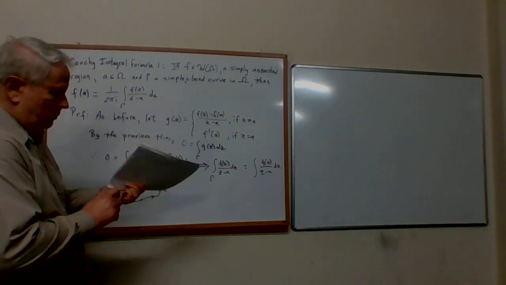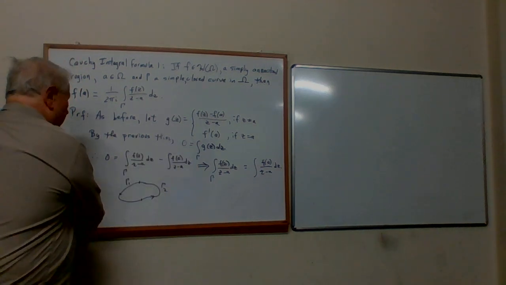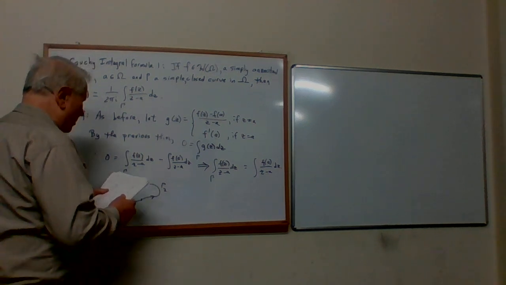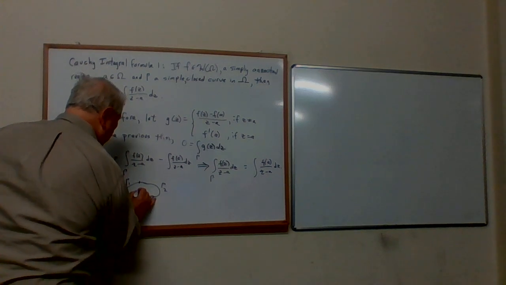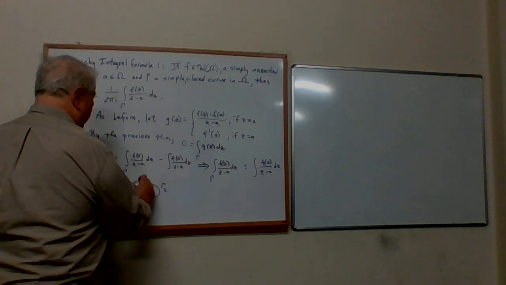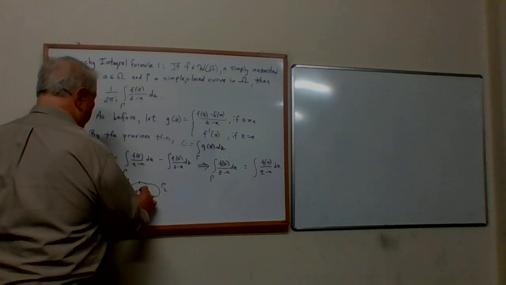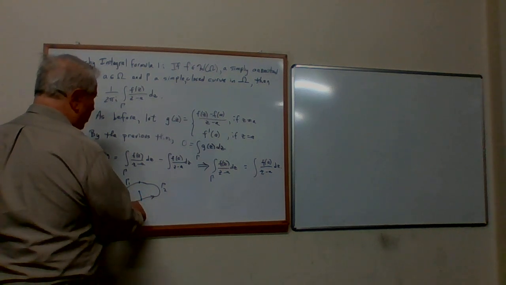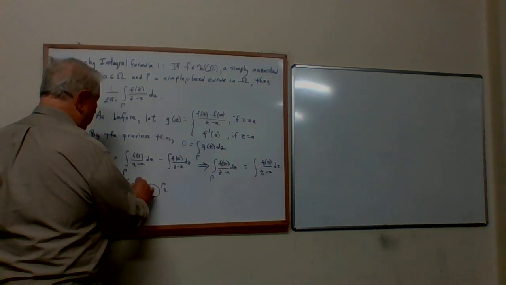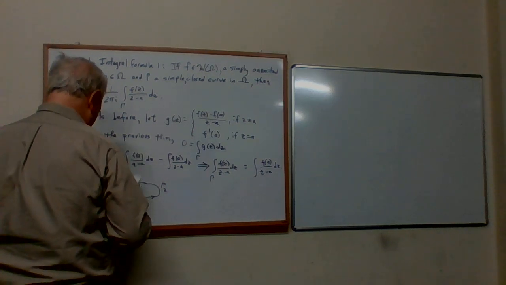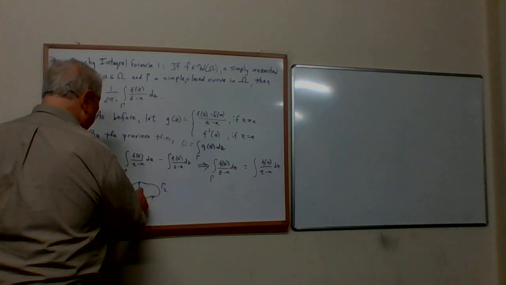Now what we're going to do, I'll use a different color, which I hope comes through on the video. But we've got a right here. And we're going to put a line segment from a down to the curve and another line segment from a up to the curve, but not all the way from a.